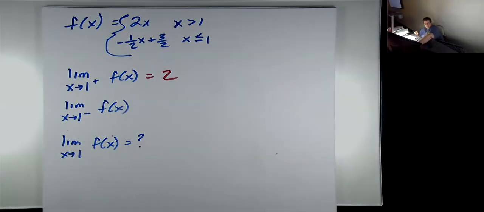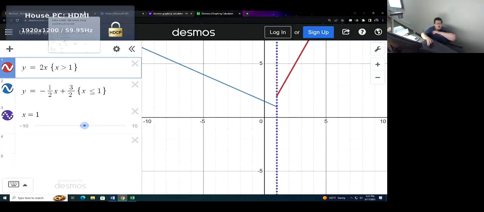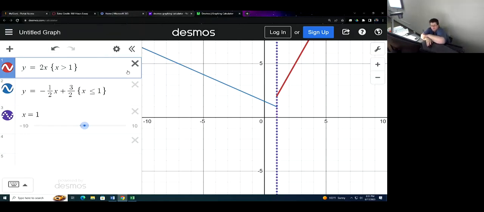Now we'll go back to the PC and look at the other one. We want to look at this function approaching 1 from the left. So we go to the x equals 1 line and we move left a little bit, and we just look at the y values. You can get this by typing the function into a calculator. We're looking at x less than or equal to 1.